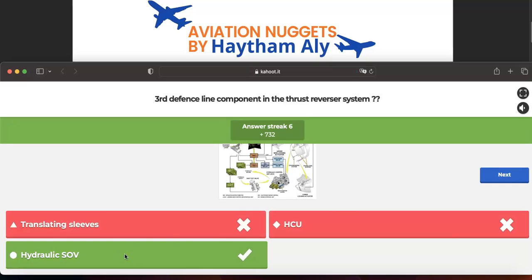Yes, the third defense line component is the hydraulic shutoff valve. This valve must be opened before hydraulic can reach the hydraulic control unit. So hydraulic will not reach the hydraulic control unit if the shutoff valve is not opening. So this is the third defense line component.